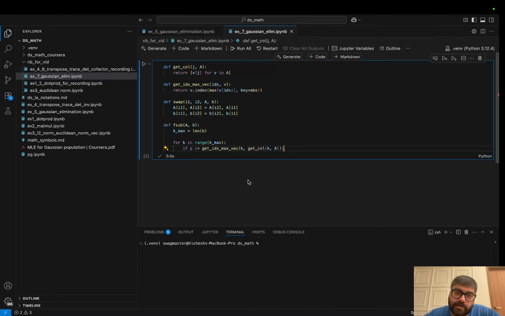So from this index onwards, I'm at index K, or row K, column K, they're both the same. And I'm passing that to the get IDX max function along with the vector, which I'm getting from get column KA. This looks at the vector only from that index onwards to get the max value, but then gets the index from the full vector.